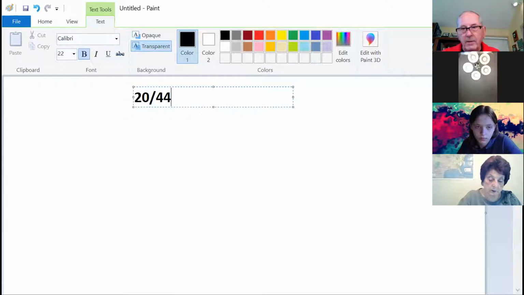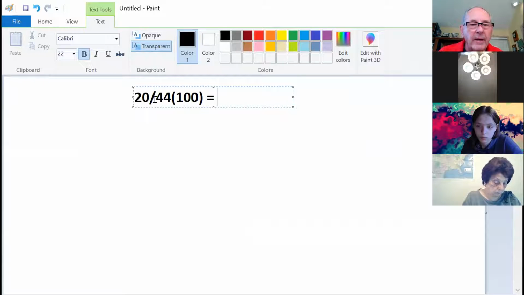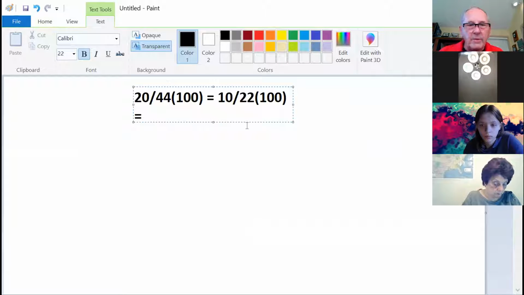We want to convert that to percent. All we do is multiply it by 100. That's all you're doing. So you can reduce this down. You can say it's 10 over 22 times 100, and just do it in steps, which is the same thing as 5 over 11 times 100.